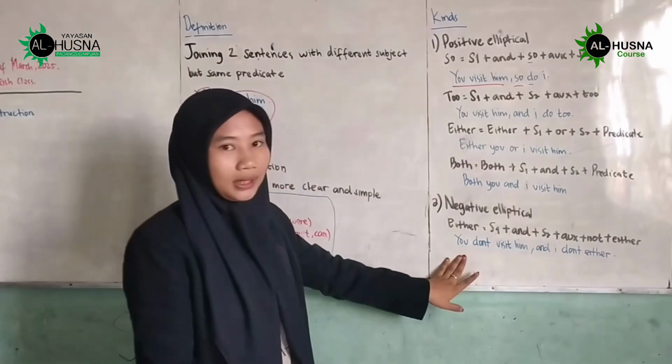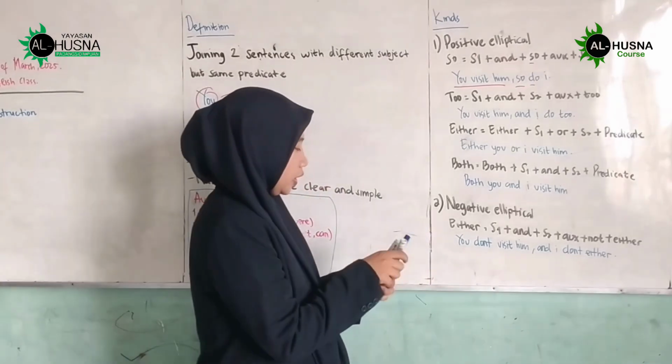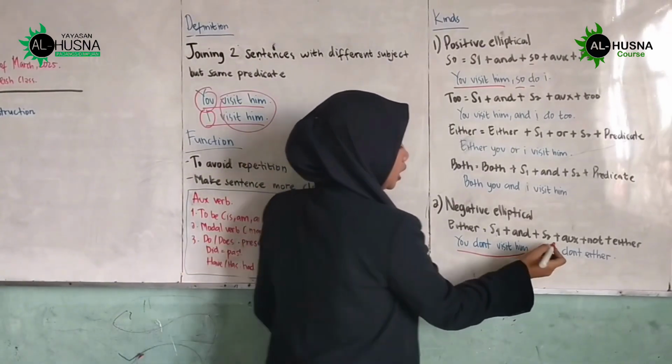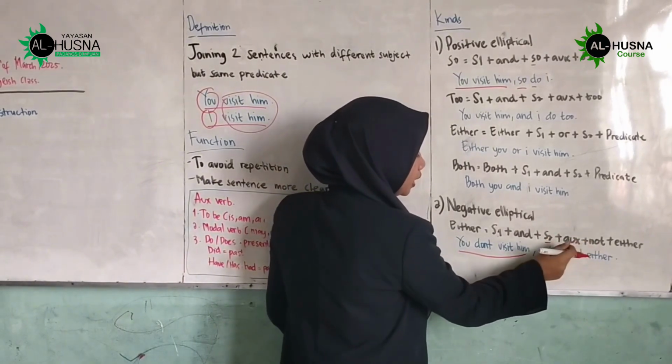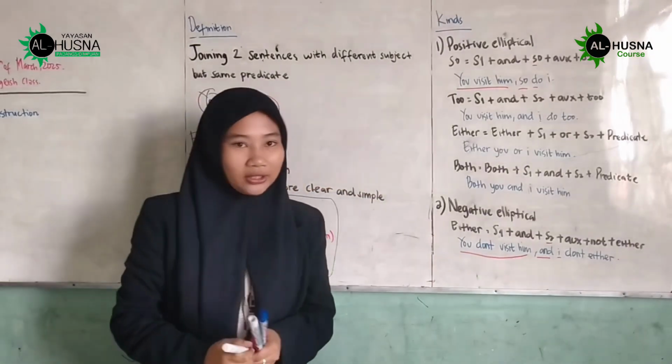With example, you don't visit him and I don't either. Here is the first sentence, conjunction, second subject I, auxiliary negative, don't either.